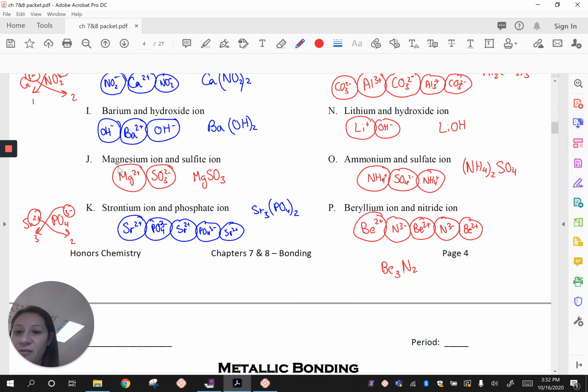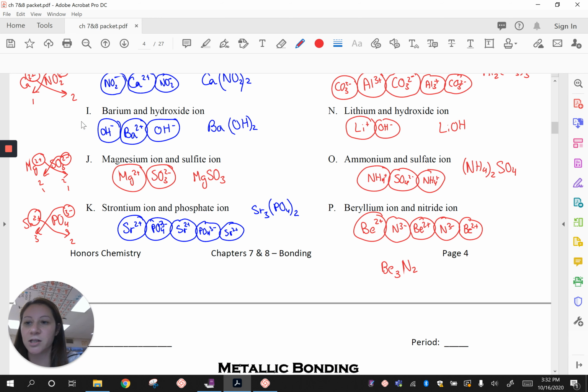For example, let's say you have magnesium ion and sulfite ion, Mg2 plus and SO3 2 minus. Well, if you crisscross, you'd get 2 and 2. You got to realize that that reduces to 1 and 1. If you write this as Mg2 SO3 2, then that would be wrong. So you crisscross, but then you also reduce.